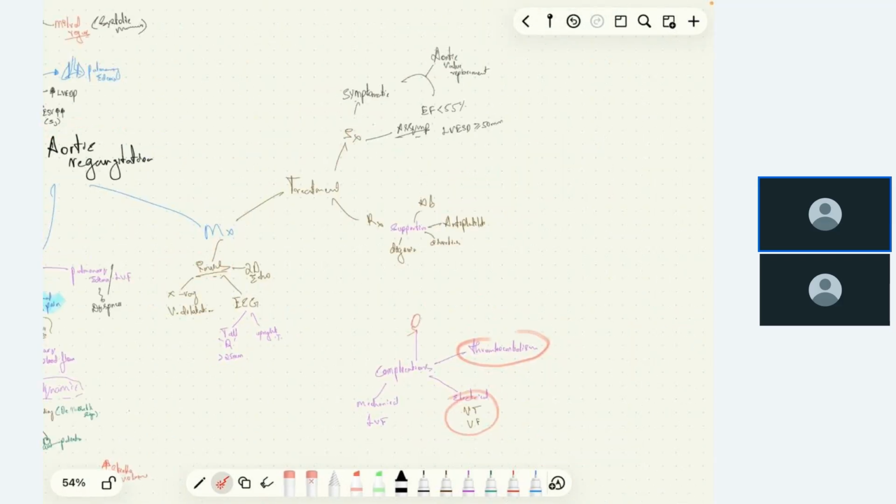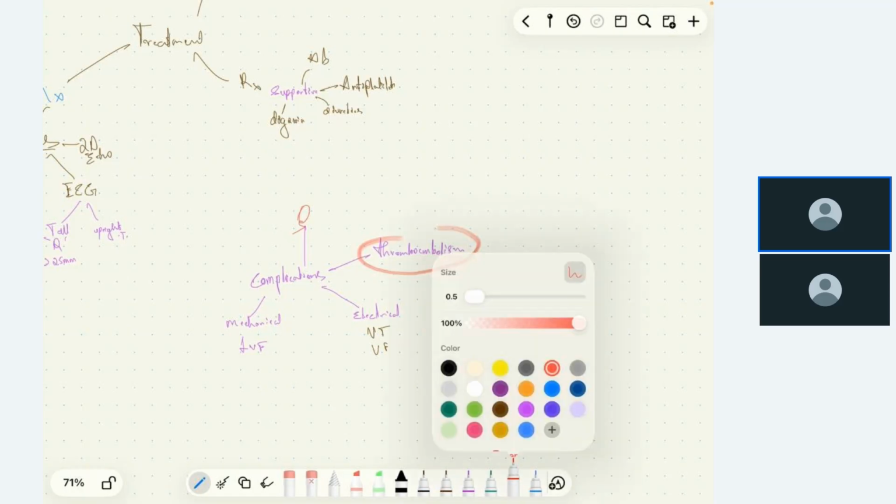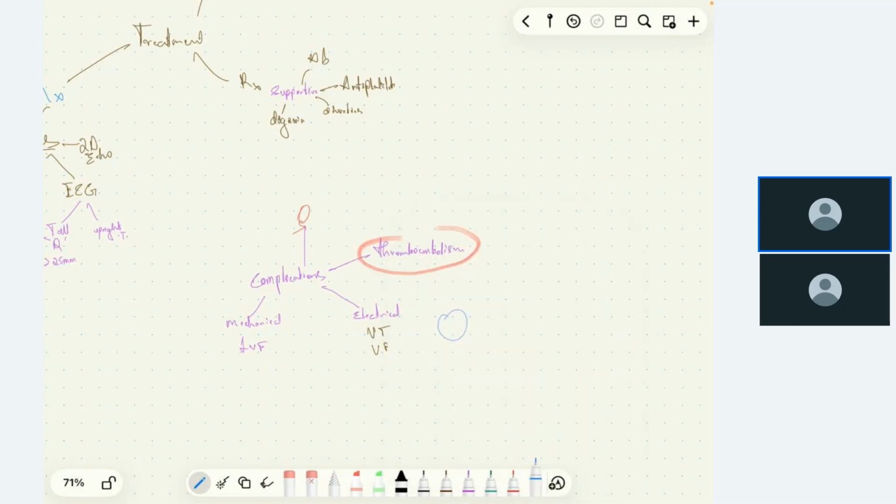Now, what are all the complications? We have mechanical complications, that is left ventricular failure. Due to eccentric hypertrophy, we have left ventricular failure. The heart is eccentrically hypertrophied, and due to the impaired left ventricular musculature, we have ectopic beats, and it may lead on to ventricular tachycardia and ventricular fibrillation.